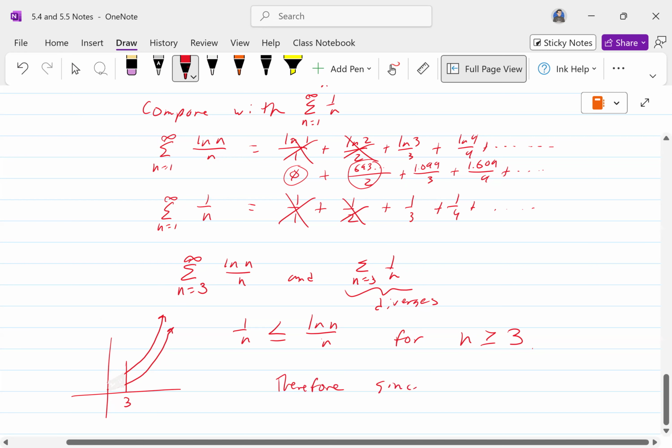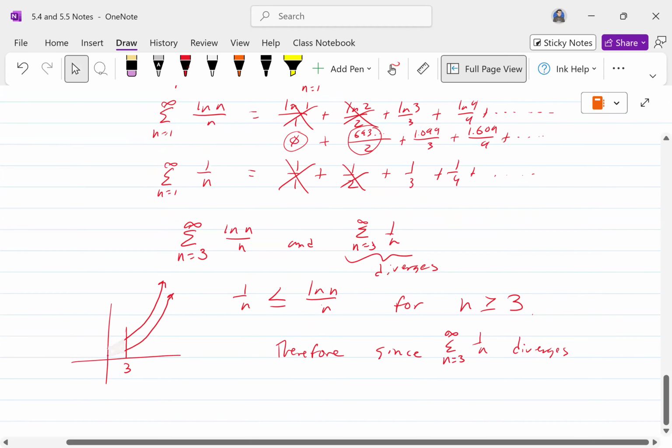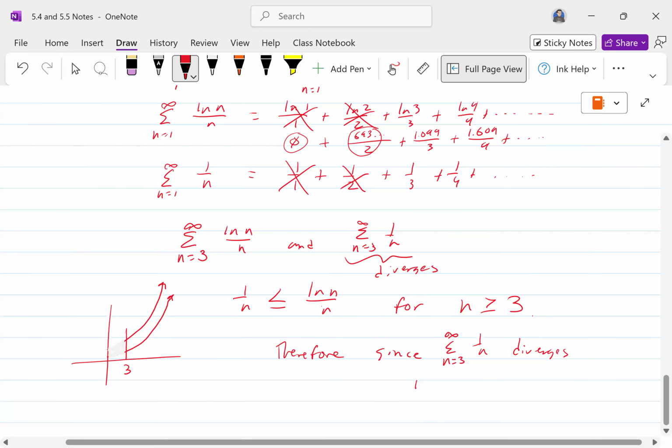Therefore, since the summation n equals 3 to infinity of 1 over n diverges, we could call it the harmonic series, or we could say p-series, p equals 1. Either way, we know that this diverges for everything from 3 or more.